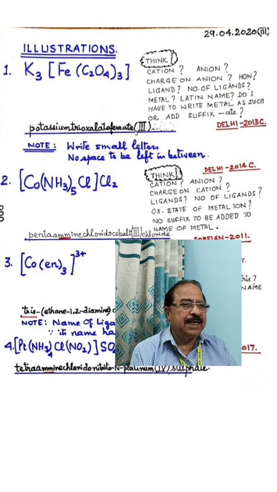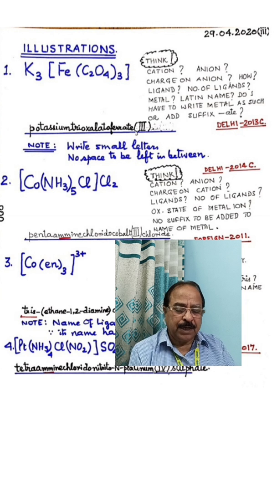So I will indicate the number by tri, and write trioxalato. Why trioxalato? Because the oxalate ligand is an anion carrying a -2 charge, so I have to change its name and use the suffix O. Instead of oxalate, I write oxalato.